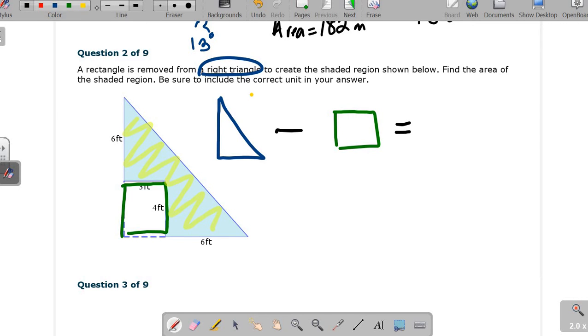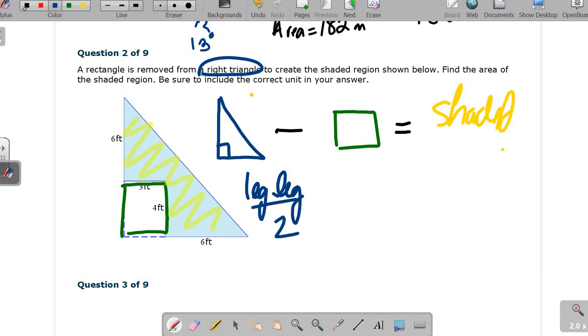Most important thing here is to actually physically trace everything. If it's a right triangle, that's leg times leg over 2, and a rectangle is simply length times width, or base times height.